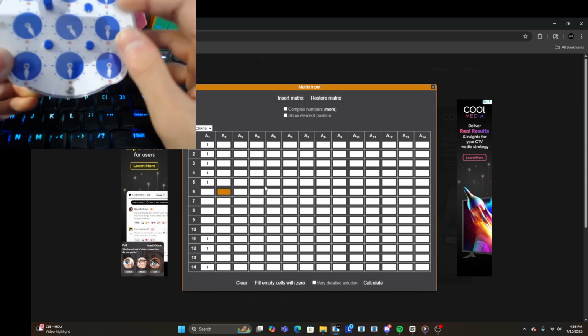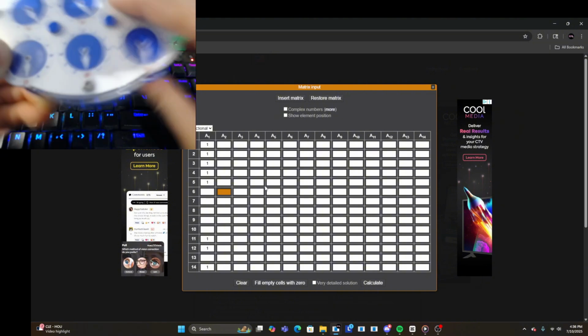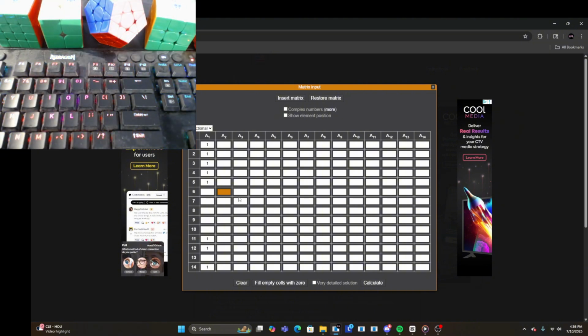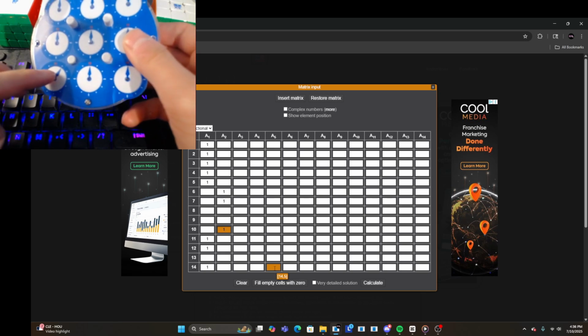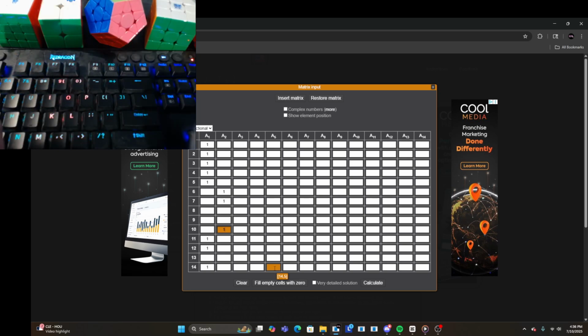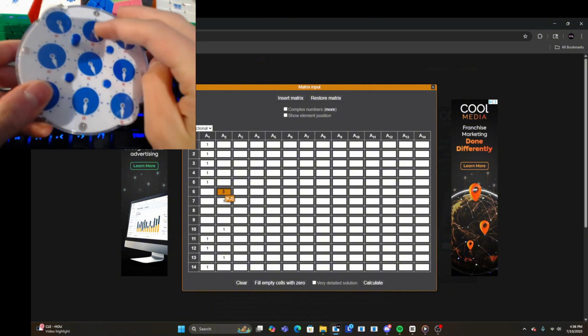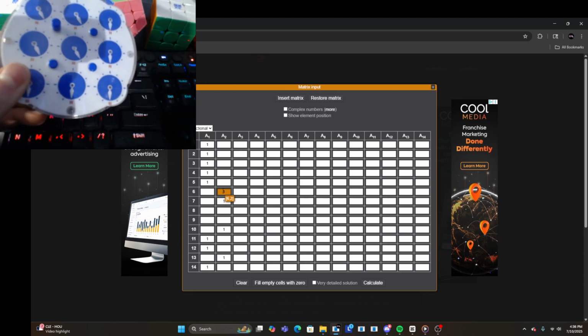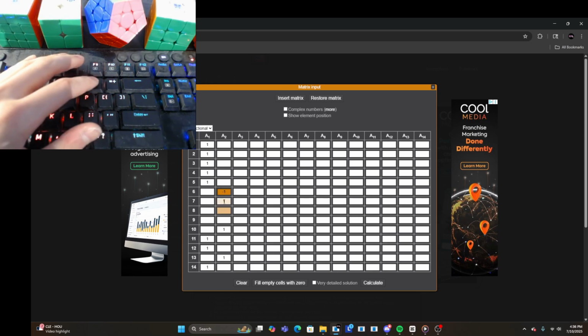What you notice is that we have C, U, and L. So you might be thinking we just do C, U, and L, and then of course we need to get our corner, which is the DL corner, at 1. This is actually not correct, because if you take a closer look at the back, these aren't at 1, they're at 11, which in this case we're going to put in as -1.